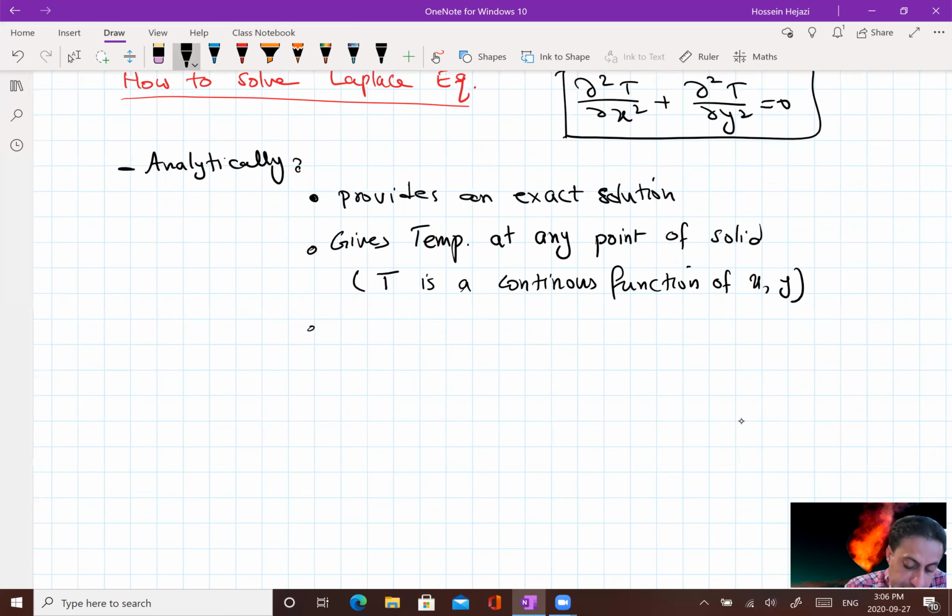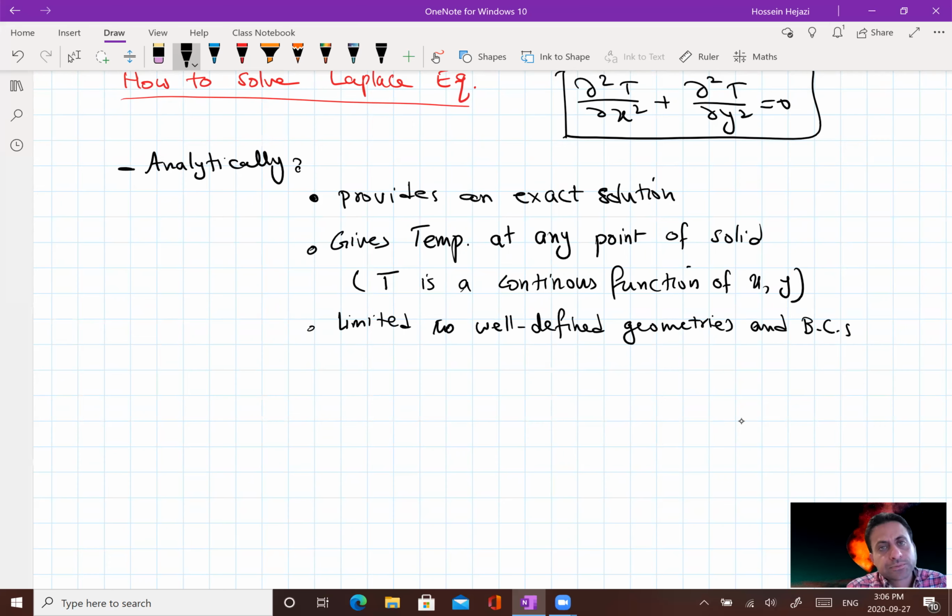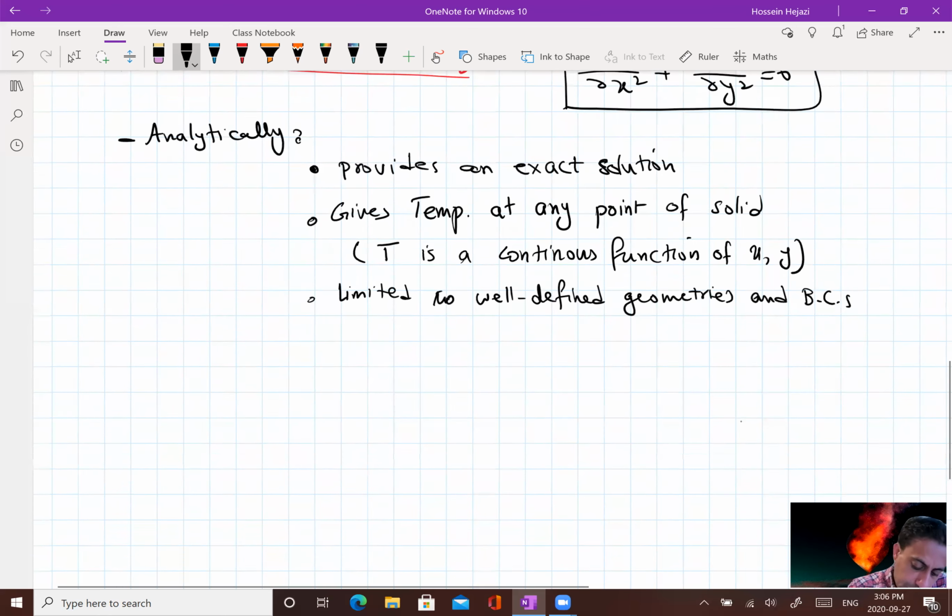However, it is limited to well-defined geometries and boundary conditions. So in terms of the solid, the domain of interest, we should have a very well-defined geometry, and for specific boundary conditions we can find analytical solutions.